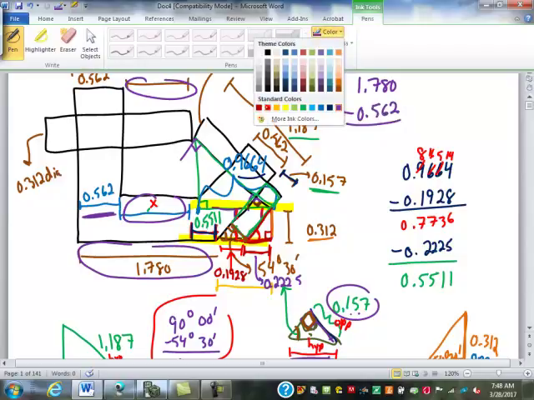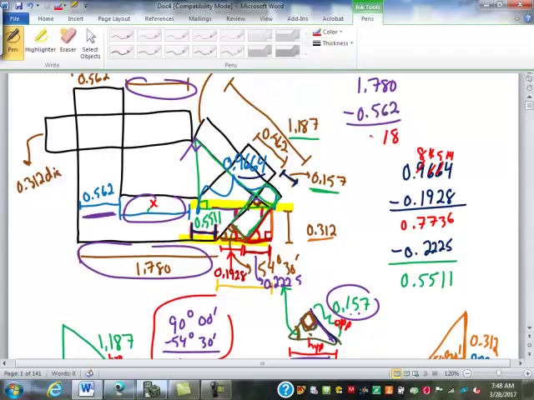Let's do that subtraction. So that's 1.218. And from that, I'm going to subtract the 0.551. I'm going to drop the one. I kept the extra digit in there just to avoid some round off errors, but I'm going to drop it now since that only has 3 decimal places in it.